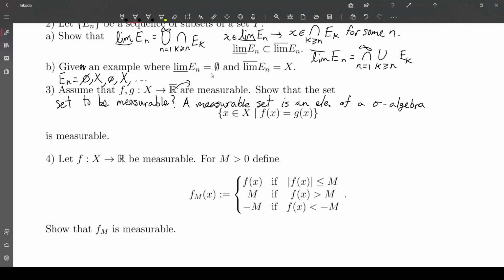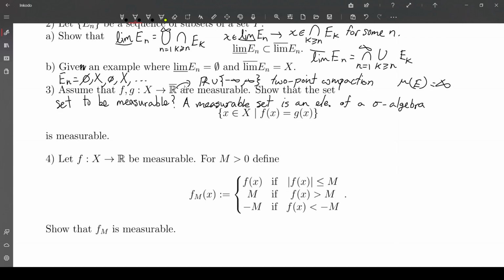Oh, and here R bar denotes R adjoin minus infinity and infinity. So this is called the extended real line. It's a two-point compactification. And we deal with R bar because when we get to measures, which are functions which give a size of a set, you could have, for instance, the measure of a set being infinity. We want infinity to be like a number that we can deal with.